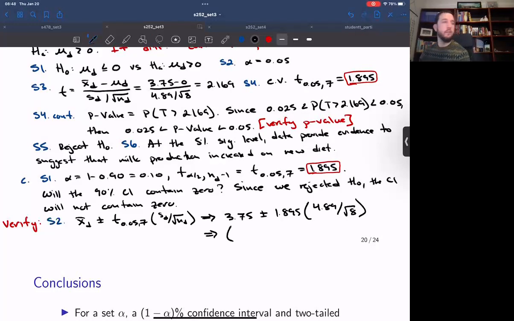This is going to give us 0.473 to 7.027.